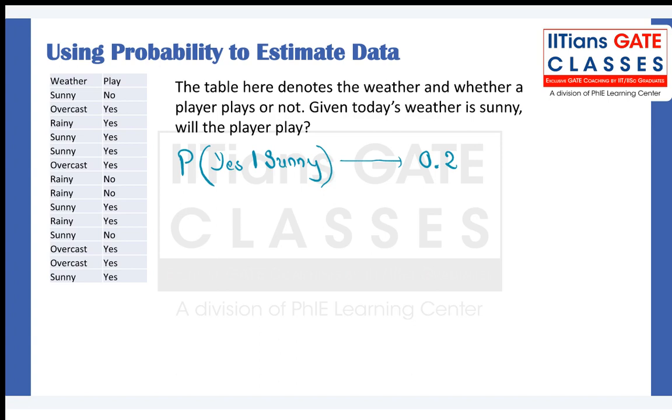Can I say that I don't think you will play because you have 20% chances of playing, because the probability that you will play given it is sunny is 0.2, and the probability that you will not play given it is sunny is 1 minus 0.2, which is 0.8. So you have 80% chances of not playing, 20% chances of playing.